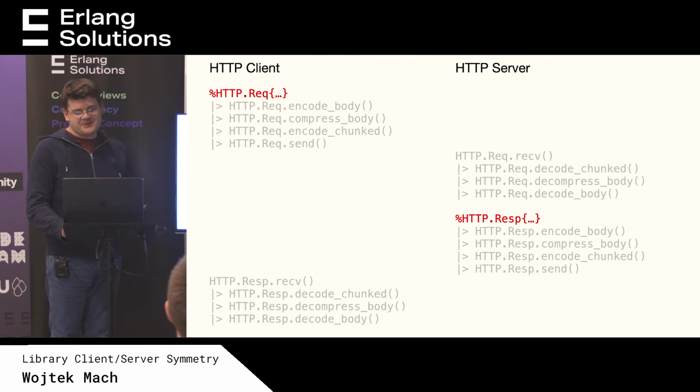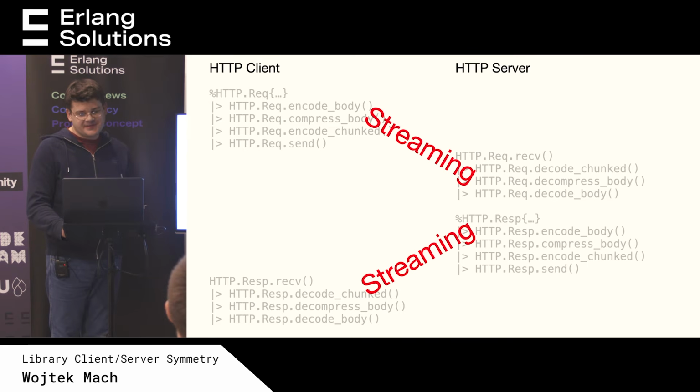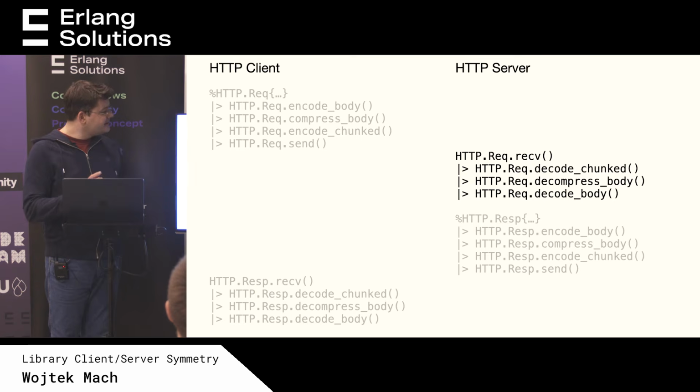But the biggest problem with this is streaming, which is that this code doesn't actually work, right? Because it's not like we would receive some data and then we would get chunks. We get chunks as we receive the data and then ask for more. And same with decompressing when we stream.